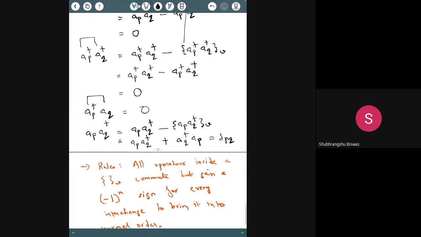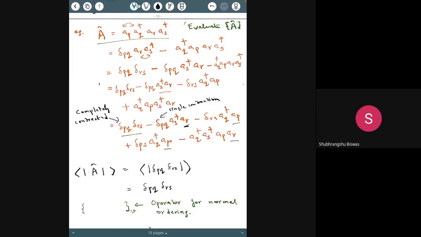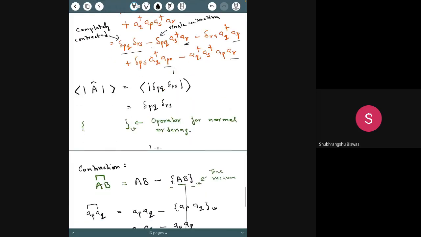Like I showed you over here, when I wrote A_P A_Q dagger as delta PQ minus the reverse order, then the term delta PQ can be called a contraction of A_P and A_Q.